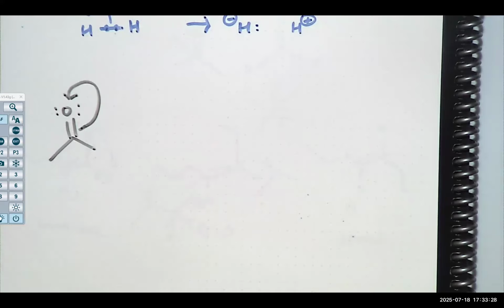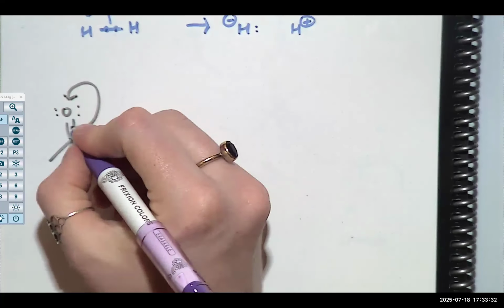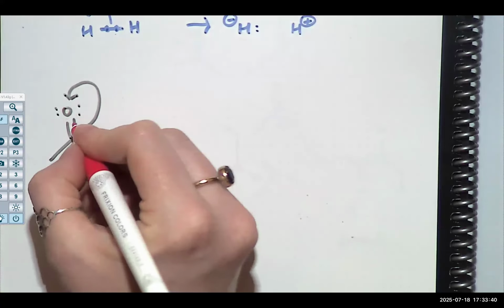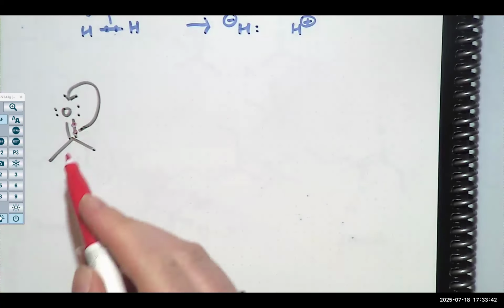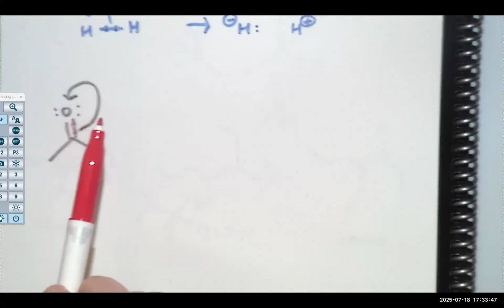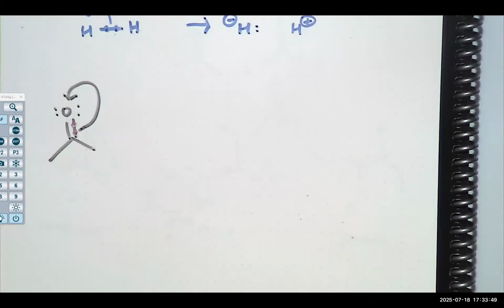Had to sneeze. I didn't want to sneeze right in the mic. So I'm going to draw in the 2 electrons that make up this bond. You can't really see on that purple, I'll draw it in red. So here are the 2 electrons that make up this bond. And this bond is breaking, these electrons are leaving that, and they're going to join up with the oxygen.